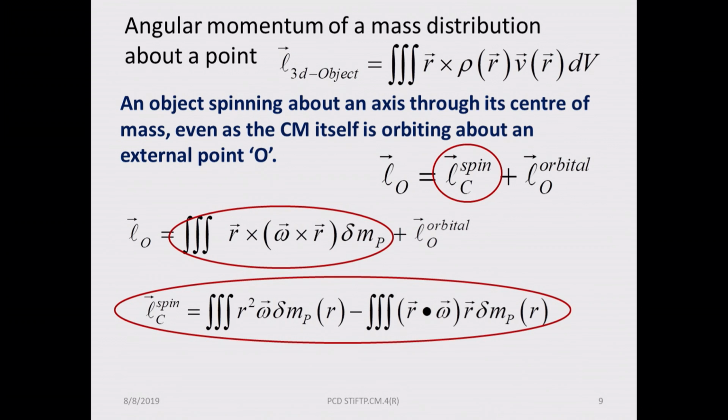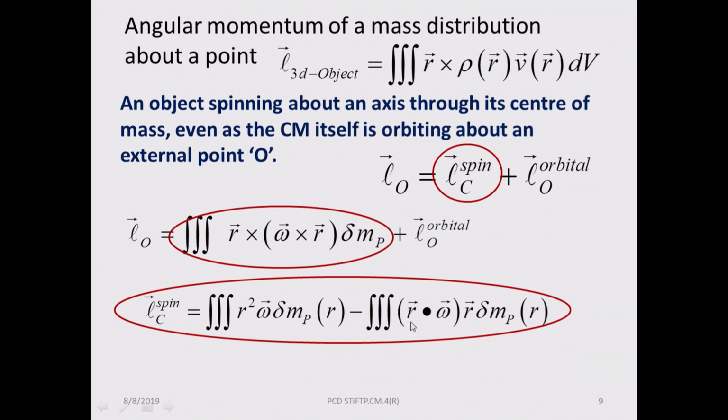So you have these two terms in the spin angular momentum, and this has a very interesting upshot. Look at the first term. The first term is an integral in which you have an angular velocity, and even in the case where it is constant, even if it is not changing with time, you can possibly pull it out of the integration, and that will give you a component of the spin angular momentum in the direction of angular velocity.